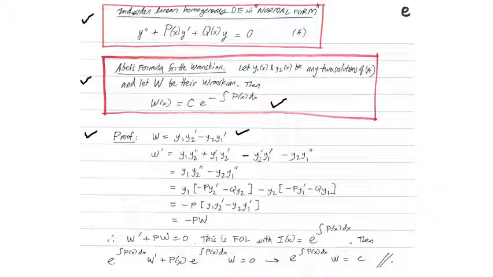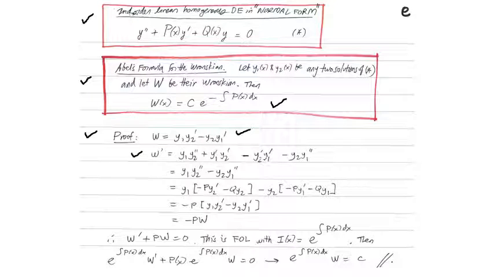The first thing we have here is just reminding you what the Wronskian is. It's defined to be that expression, just that 2 by 2 determinant. And the first step in this proof is just to take the derivative of that, which is what's happening here.